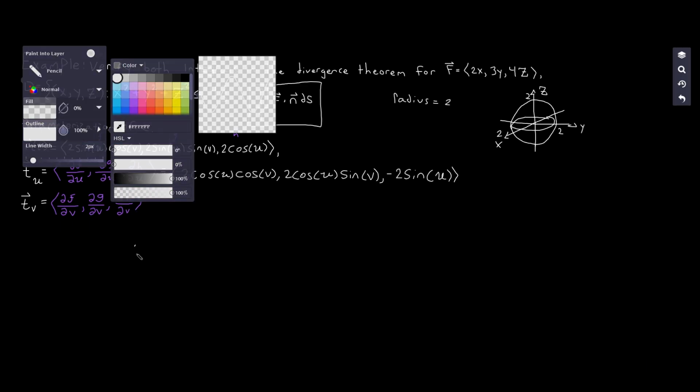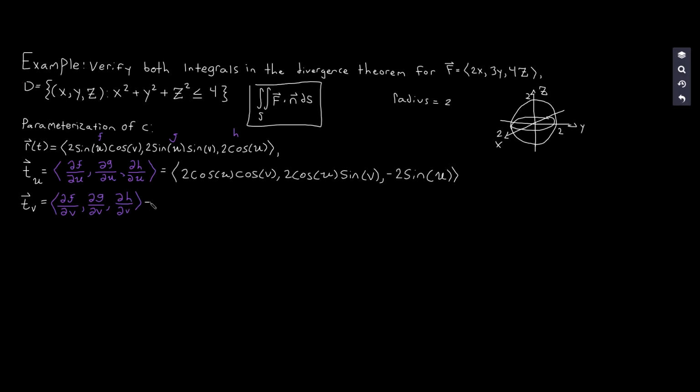The partial derivative of 2 times sine of u times cosine of v with respect to v is going to be negative 2 times sine of u times sine of v. I think that's the answer to that one.